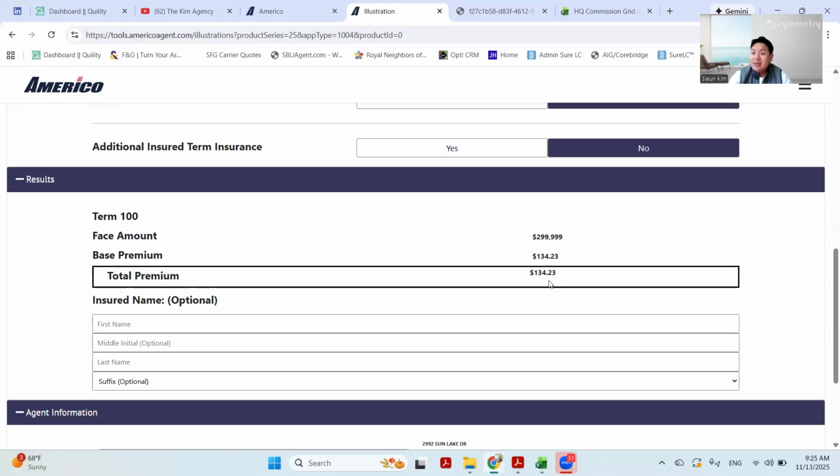It's not a lot. So guess what I tell the client? If they insist that they want a decreasing term, I will sell them the payment protector plan, because they want the death benefit to go down and they want the cheapest price possible, then I'll show them that. But what I will also say is, hey, John and Mary, just so you know, if you were my family member, I might recommend this one for a couple of reasons.